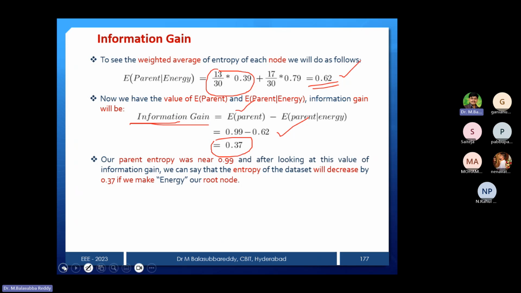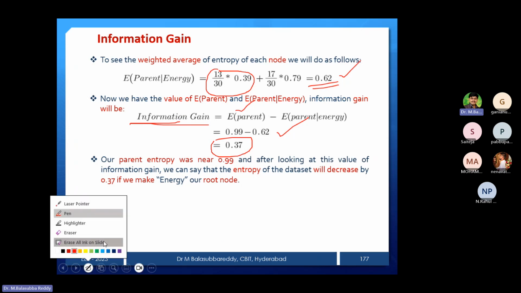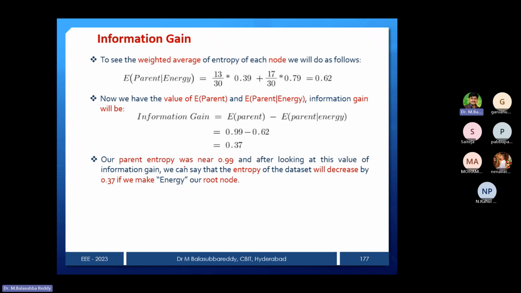Information gain is 0.37. The parent entropy was 0.99 earlier, and looking at the information gain value, the entropy of the data set will be decreased by 0.37.